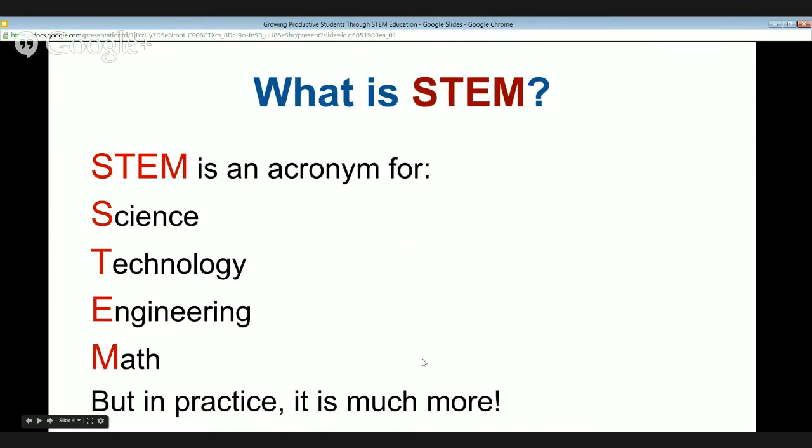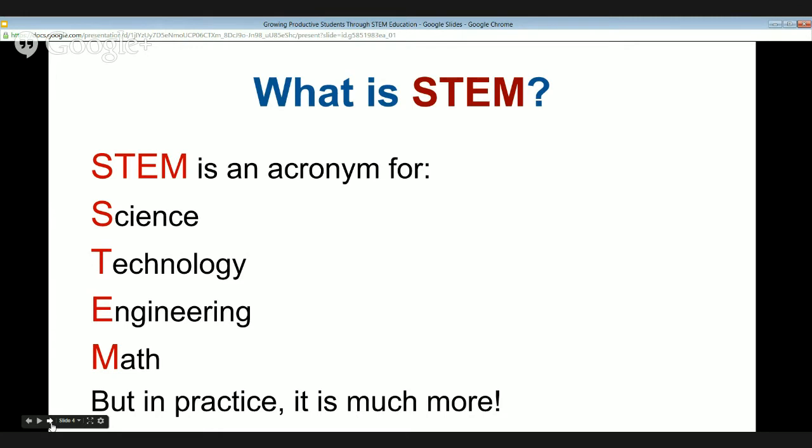Okay, so what is STEM? The easy part is looking at the acronym. STEM is an acronym for science, technology, engineering, and math. However, in practice, it is much more. It is not just a standalone science lesson, a standalone technology lesson, engineering lesson, and math lesson.